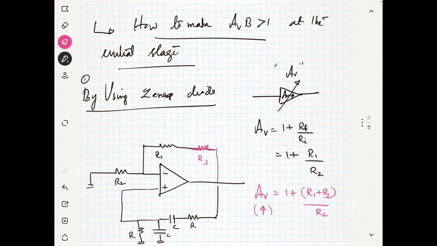But if I don't remove this R3, what will happen? Your output may go like this. It will increase, increase, increase, and go up to infinity. That is not a desired thing; we don't want that condition. So we have to immediately remove R3 once we attain the required point.